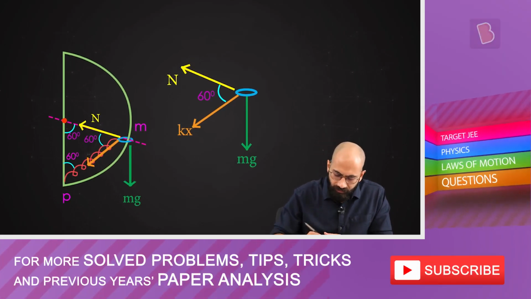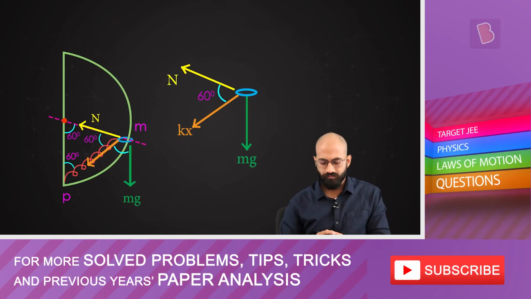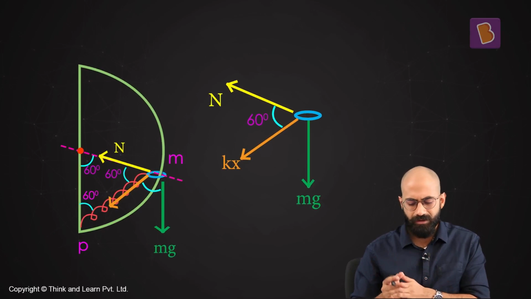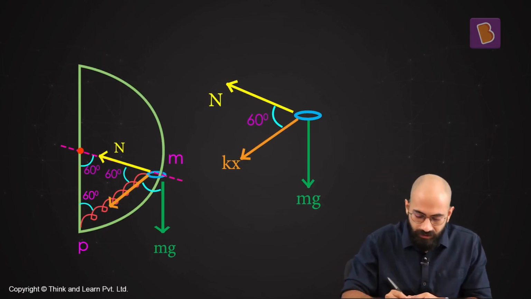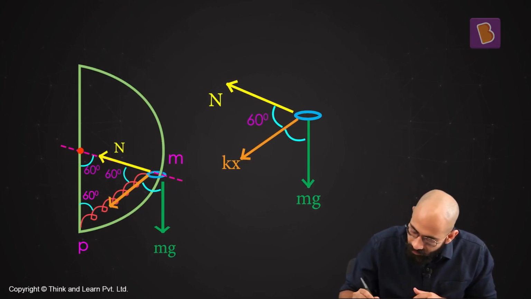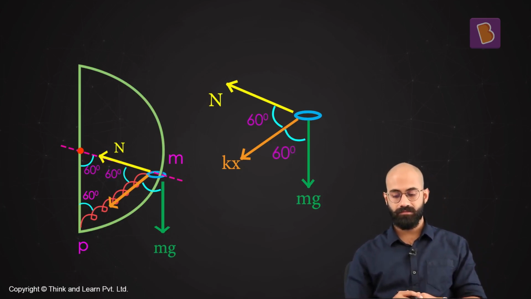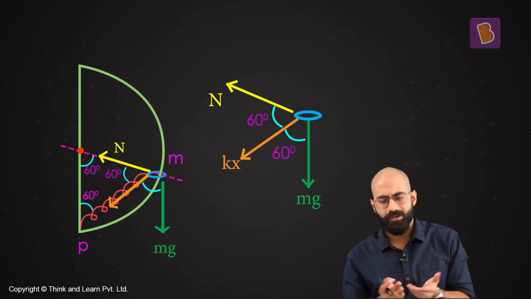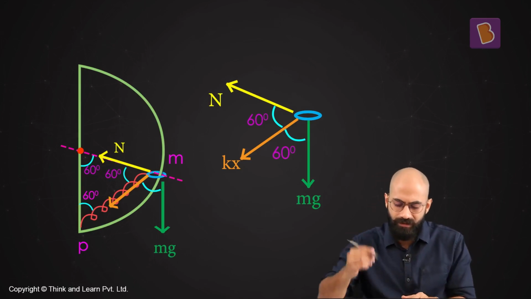Now this angle and this angle, these two angles are interior opposite angles, right? Because this mg is acting in a vertical direction, that line is also vertical, so this angle is also with the vertical, so therefore this angle also has to be 60 degrees. And that's it. Now our free body diagram is complete. We have all the forces and we know in which direction each of these forces are acting.